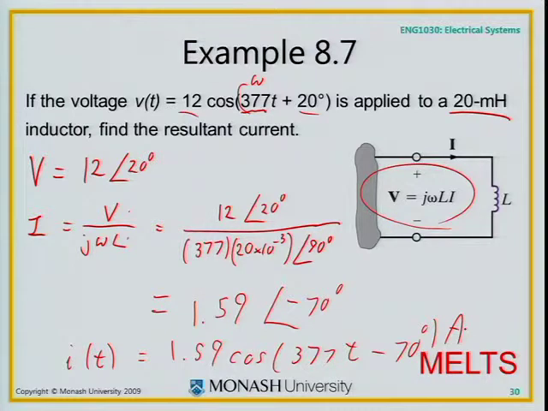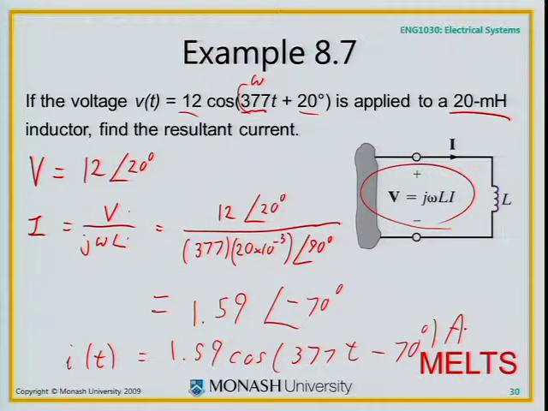Now you could have got that using V equals L times di by dt directly. So I is the integral of voltage. You could have got it by I being 1 on L times the integral of voltage. But here's quite a convenient way to do it.